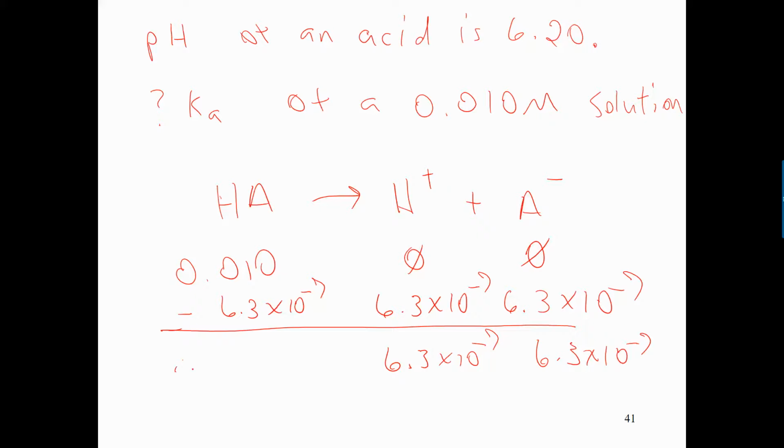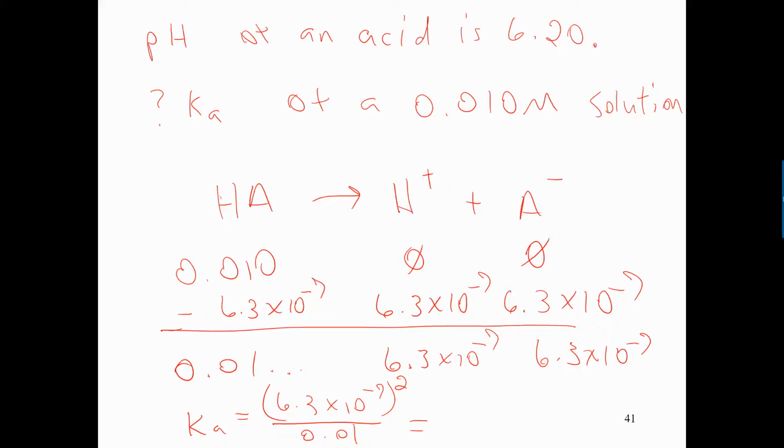It simply rounds back up, because that's such a small number. So my Ka is going to equal 6.3 times 10 to the -7 squared on top, divided by 0.01.